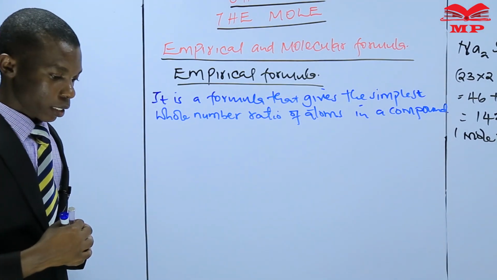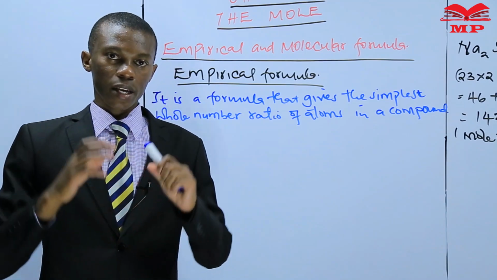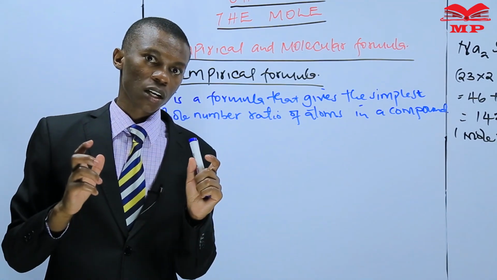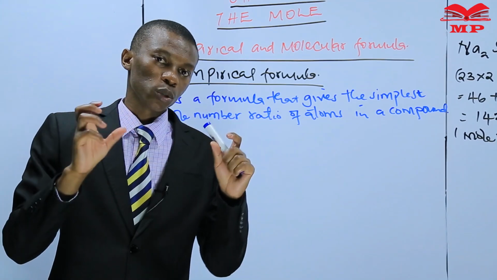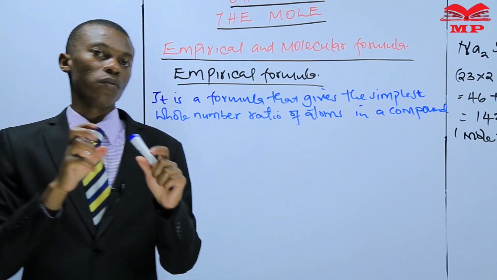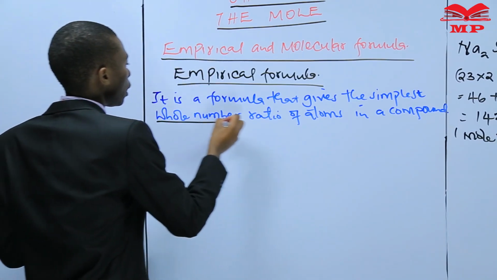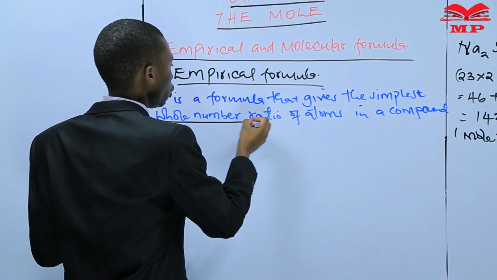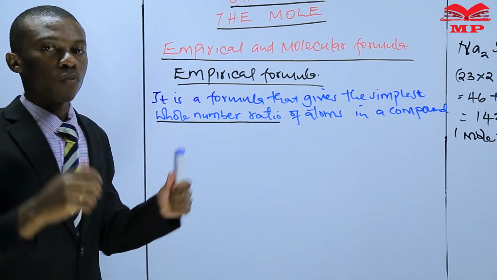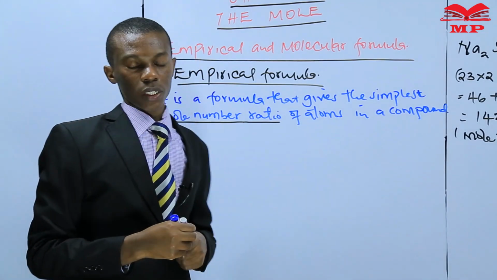That is what empirical formula is. That formula which gives the simplest whole number ratio of atoms in a compound. And again, remember, we are talking about whole number ratio, not decimal places, of atoms which are forming a certain compound.